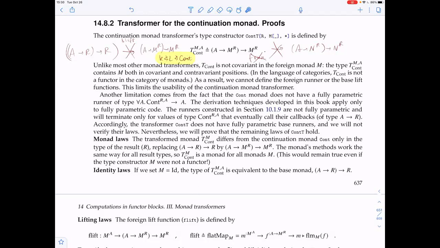The IO monad does not have a transformer, and it must be at the end of the stack. So that is the workaround that people use for these kinds of monads. So monads whose transformers do not have the base lift, you must put at the end of the stack.